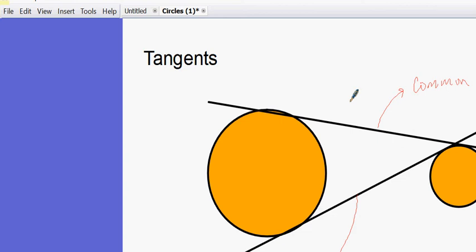In other words, if I've got 2 circles, the tangent's going to be on the outer side of both circles. It's not going to go in between. A common internal tangent is a tangent line that's going to go in between the 2 circles. So you've got 2 different types of tangents in relationship to 2 circles. All right, let's go to the next slide.